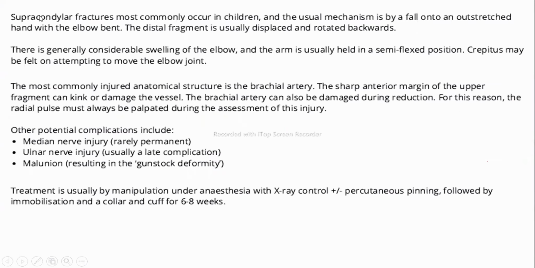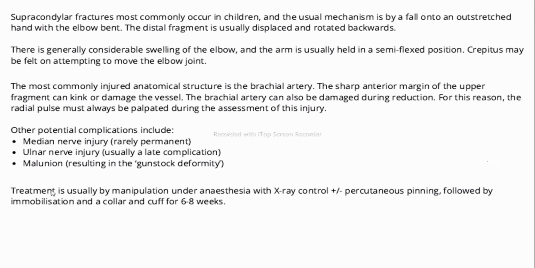Supracondylar fracture most commonly occurs in children. They can ask you about the mechanism: fall onto an outstretched hand with the elbow bent, distal fragment displaced and rotated backwards. Other potential complications: median nerve, ulnar nerve, malunion.